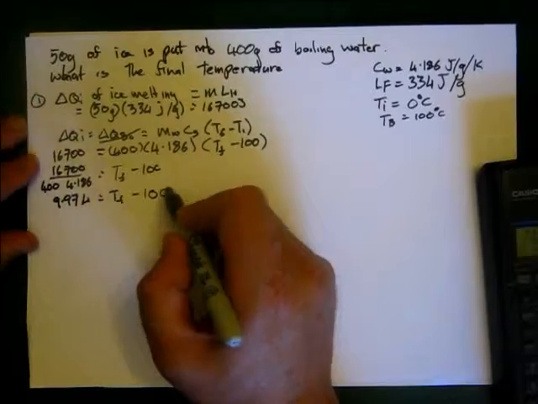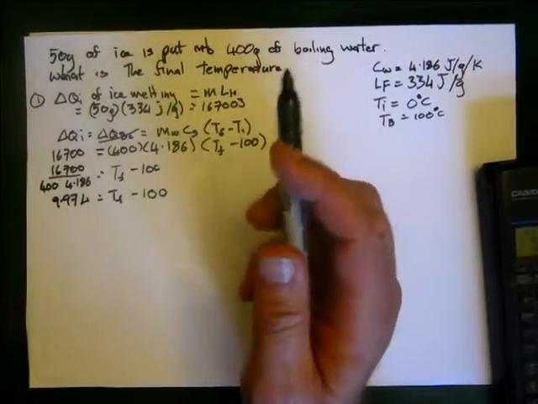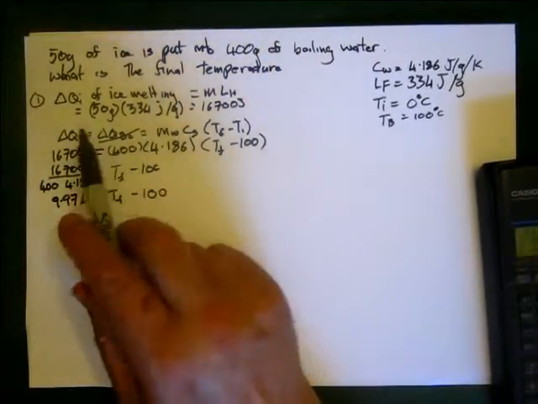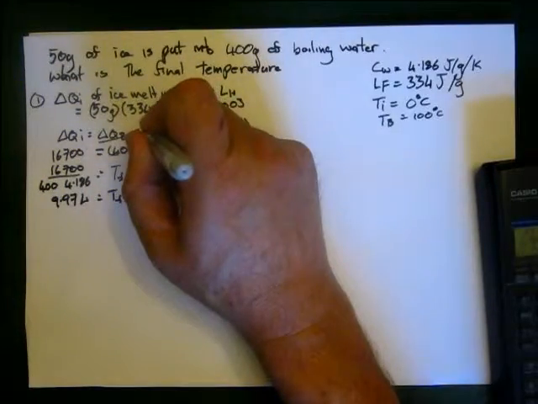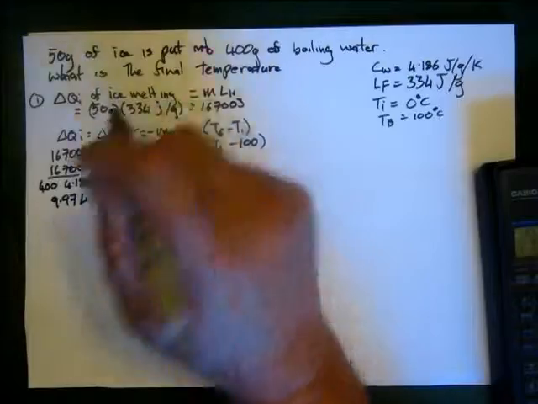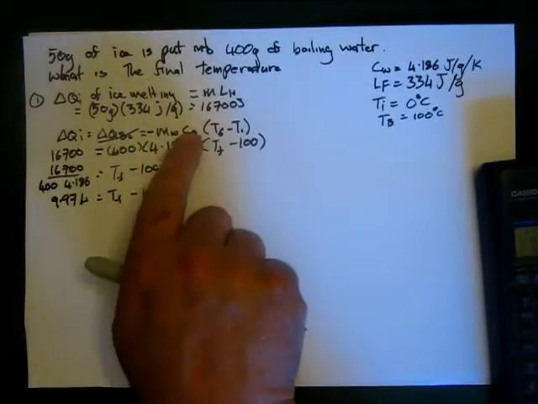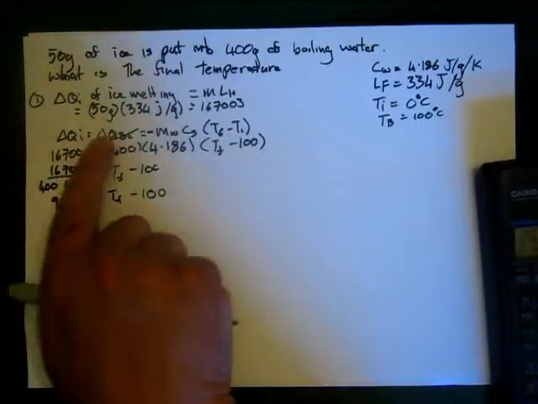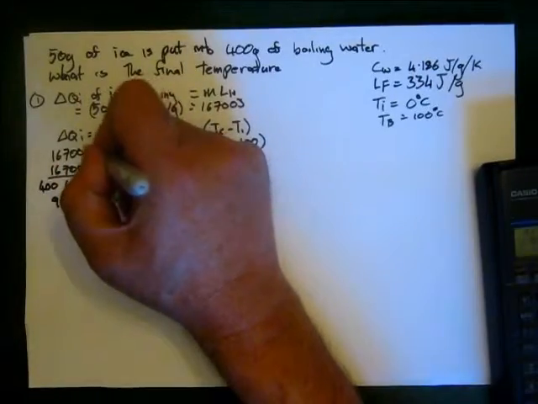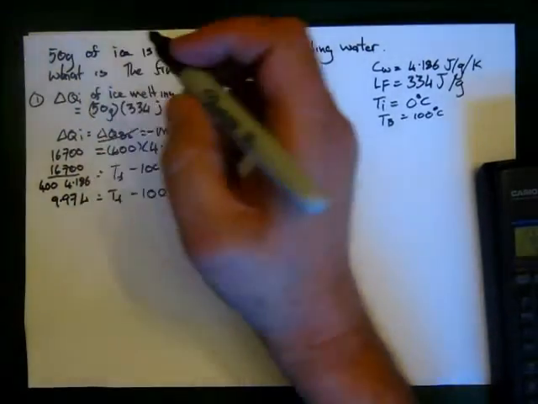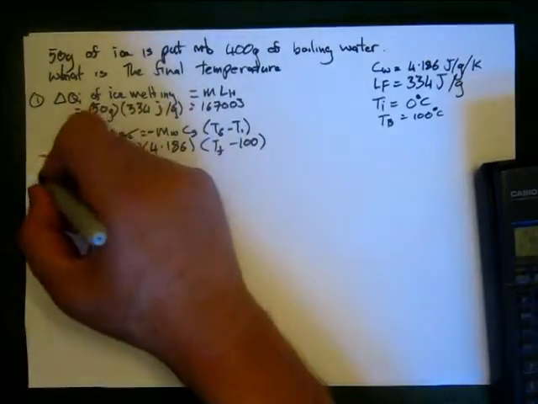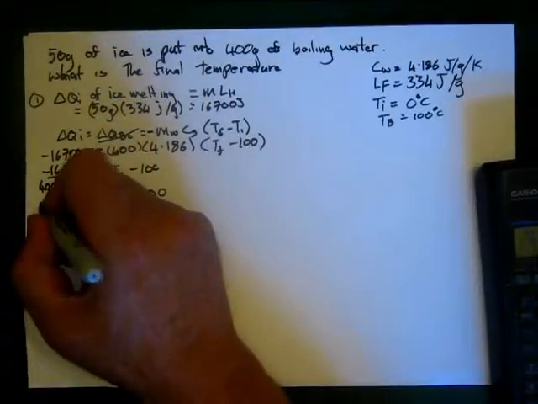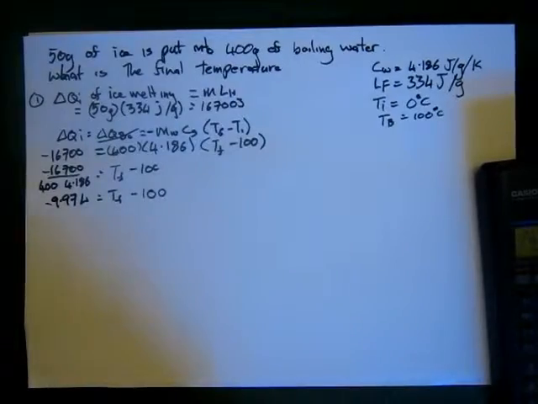I screwed up. Why did I screw up? What I did not do, remember, is that this is equal to the negative, because the heat goes from here into here. So these are going to have opposite signs. So this is going to be negative 16,700, so negative 9.974.